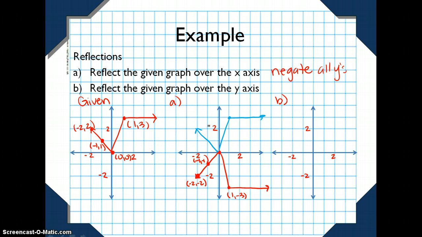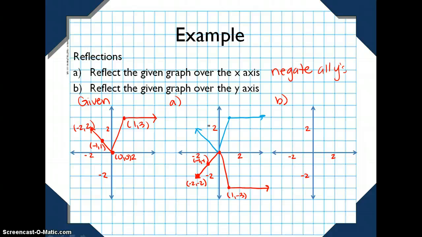Okay, so that would be what the original looked like, and you can recognize pretty readily that if we were to take it and fold it along the x-axis, these two graphs would overlap. So it was done correctly. So that's an example of a reflection over the x-axis.